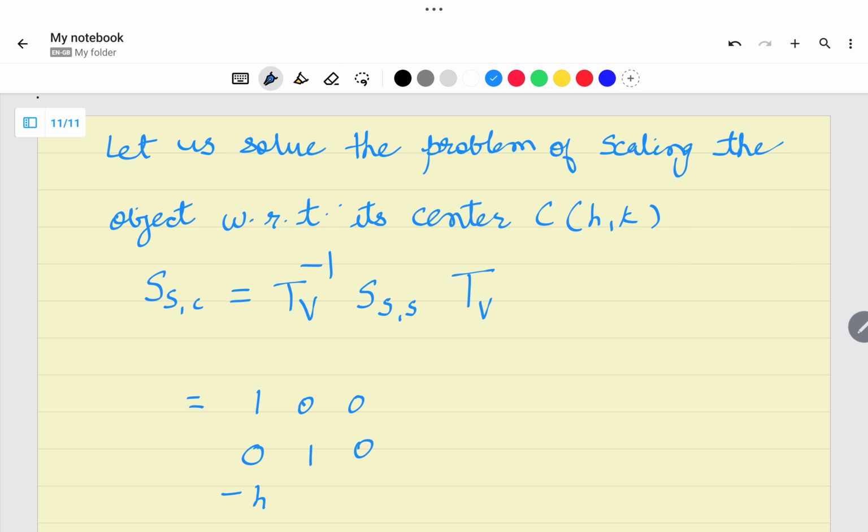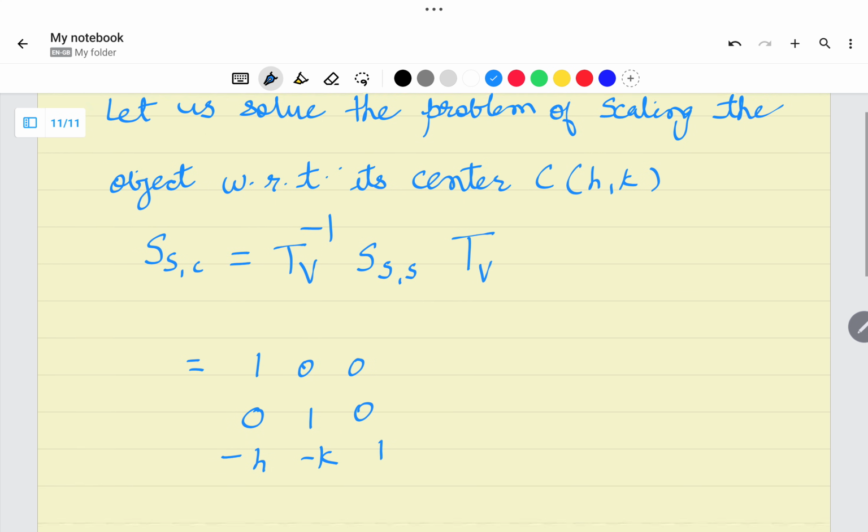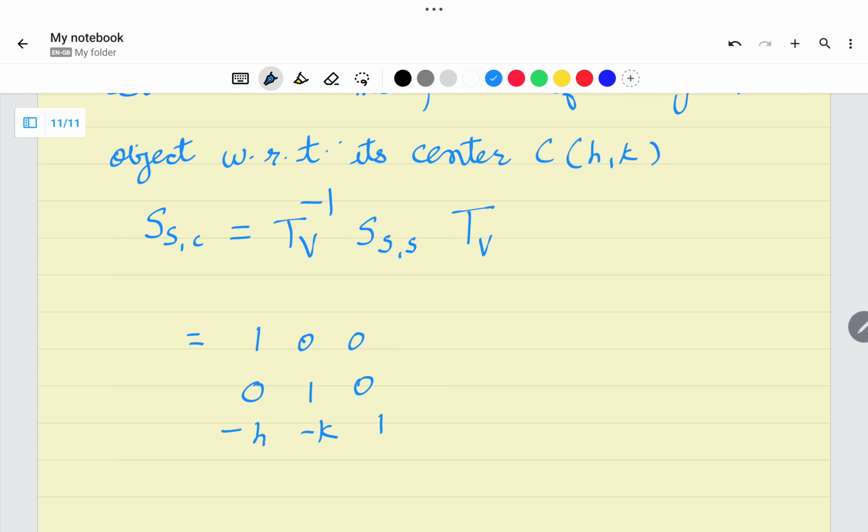Minus h, minus k, 1, because we are doing inverse translation, migrating the center of the object to the origin. So h becomes minus h, k becomes minus k. Now with this the center will coincide with the origin. T v inverse, then scaling with respect to the center or the origin.